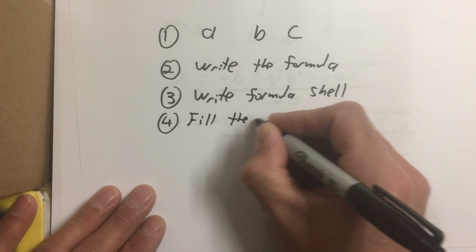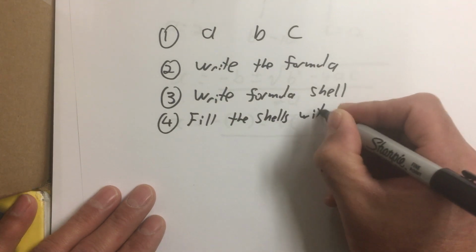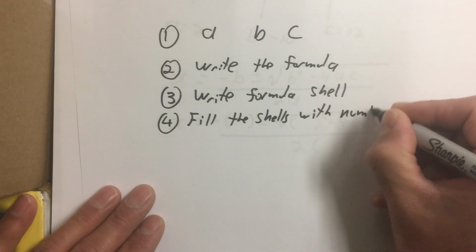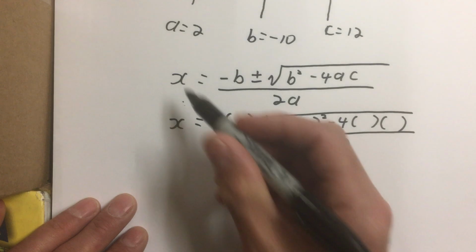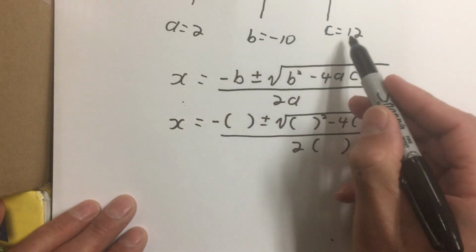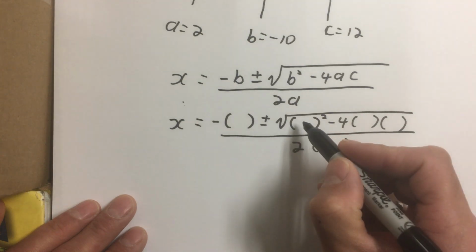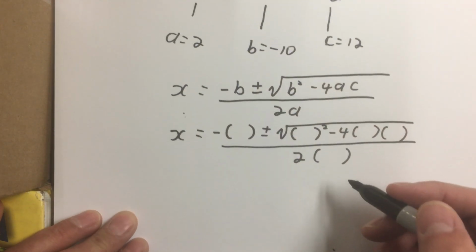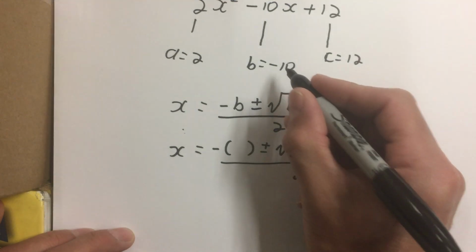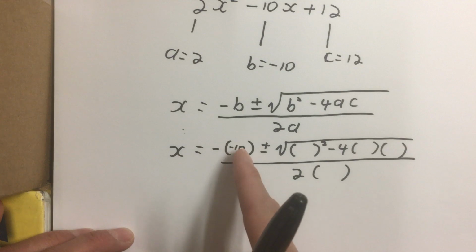Fill the shells, I should say, with numbers. Okay, I've got A, B, and C. This shell and this one need the value of B. B is negative 10. This is where we've got to be really careful. B is negative 10, so a negative 10 goes here. Notice there are 2 negatives.